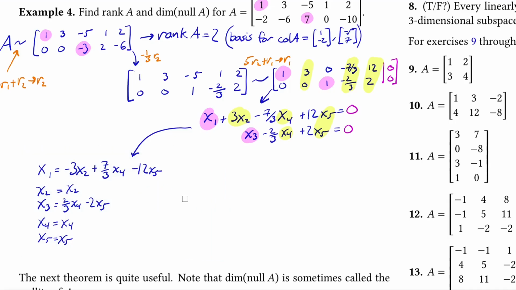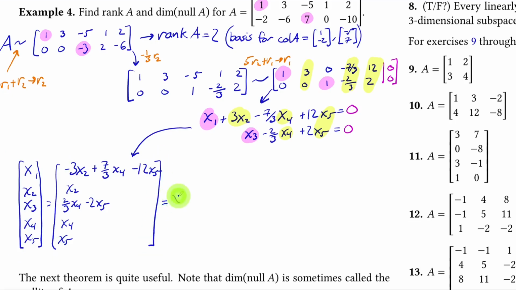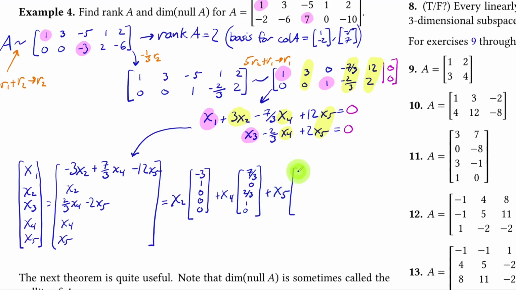And of course, this is the same thing as saying, if we have this all written as a vector with equal components like this, you can write that as x2 times negative 3, 1, 0, 0, 0 plus x4 times 7 thirds, 0, 2 thirds, 1, 0 plus x5 times negative 12, 0, negative 2, 0, 1, like so.